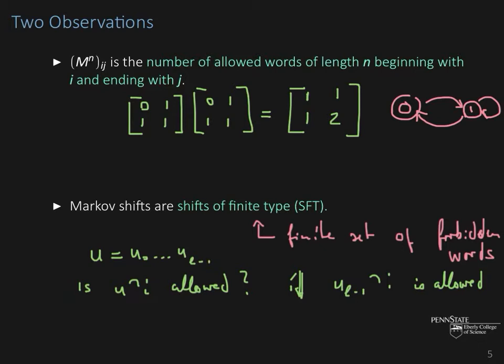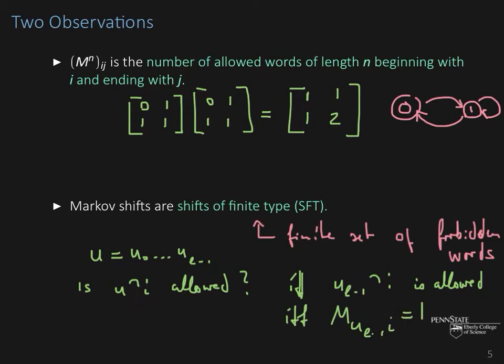So that means u extended by i only depends on whether this block here is a possible configuration or path in the graph. So this means it's true if and only if M with u_{L-1}, i is 1. Right?